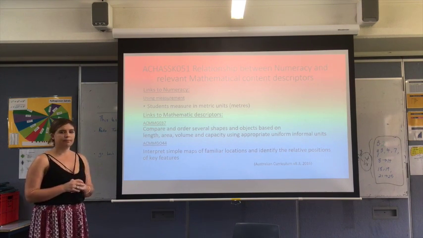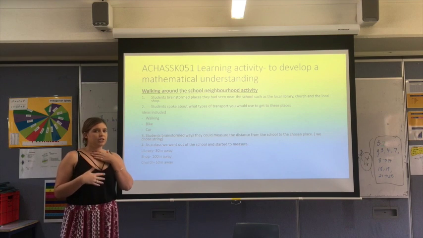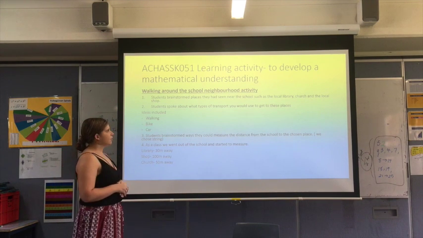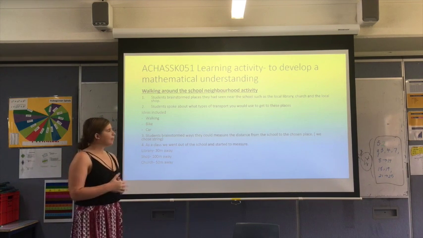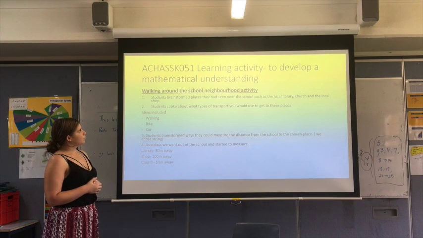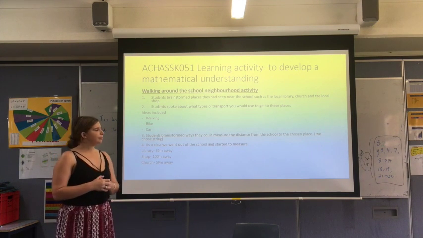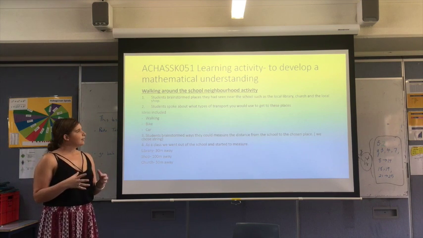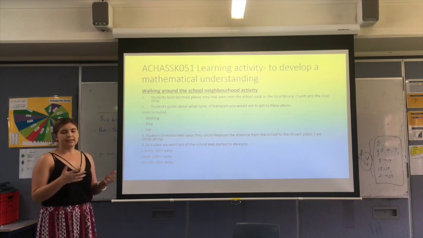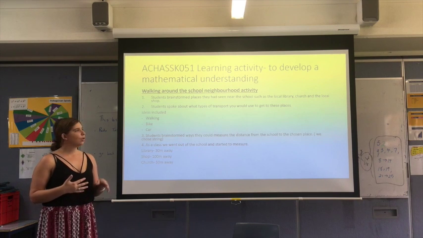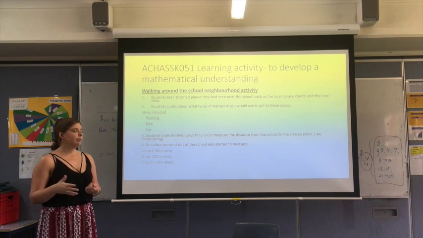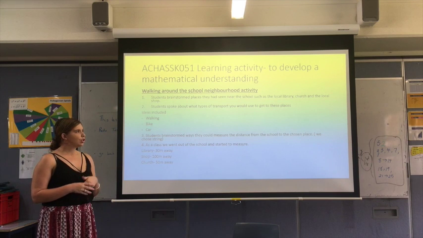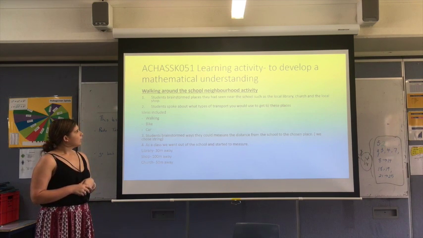So the activity I chose to do with my class for this content descriptor was a bit of a field trip. So I took the children for a bit of a walk around the neighbourhood. At the start of the lesson, we sat down and we brainstormed places that they had seen near the school. So we spoke about the local library being down the road, the church and the local shop.